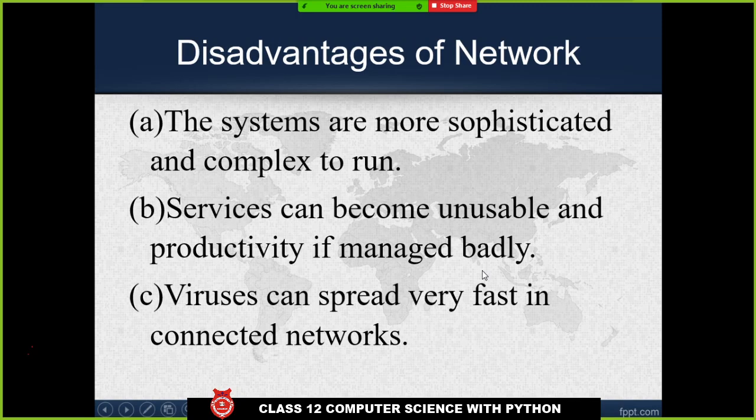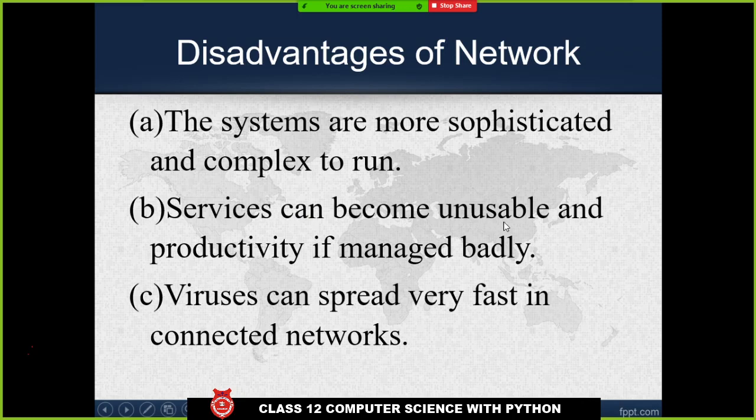Now let's go to the disadvantages. The network, although it is very useful and very convenient, has some disadvantages. When networks become more and more sophisticated, or they become complex, they need a specialized person or a trained professional to look after the network.